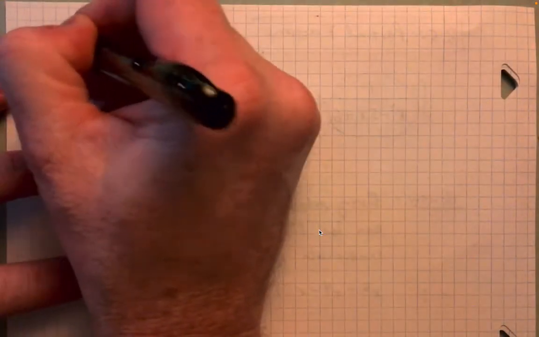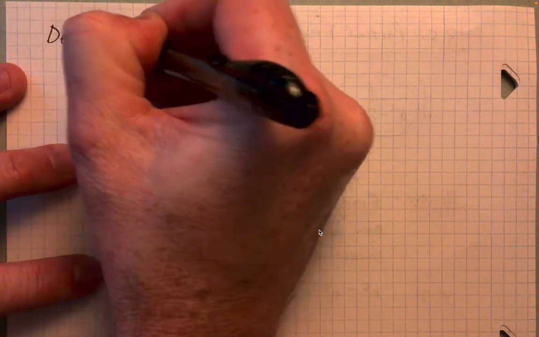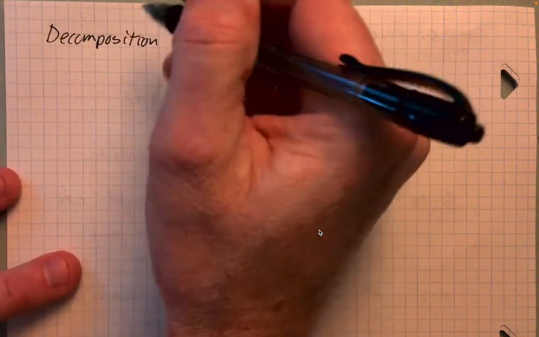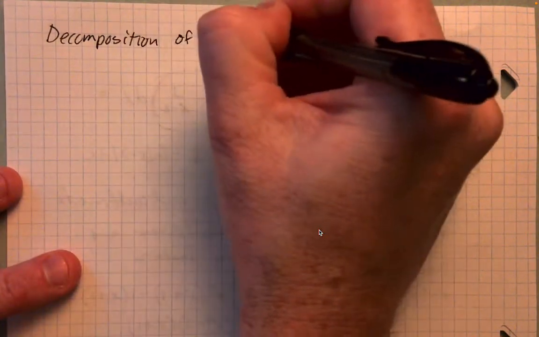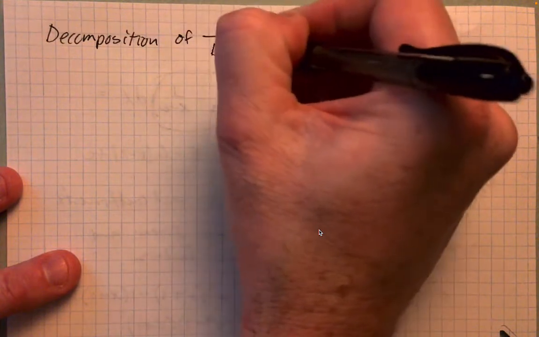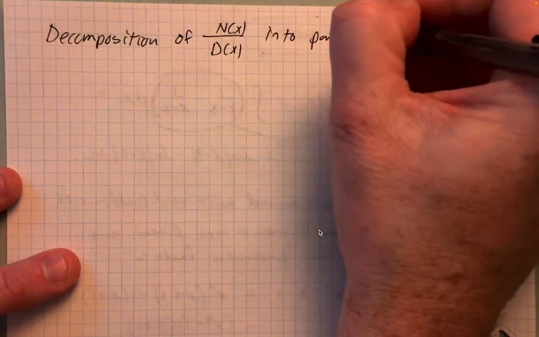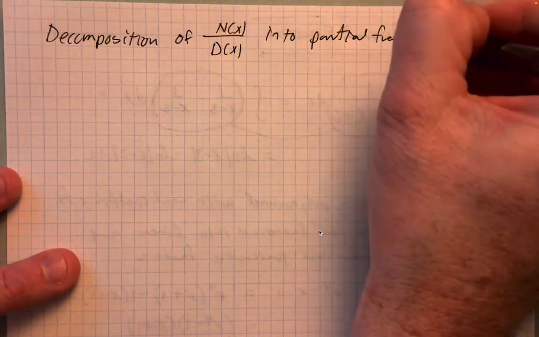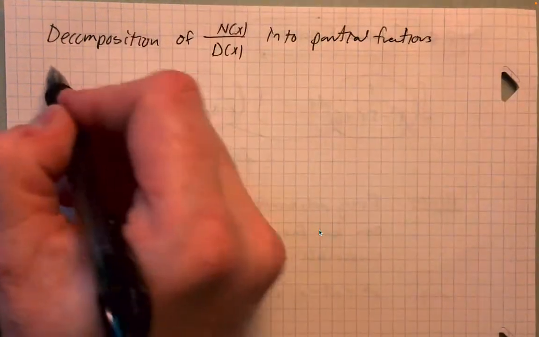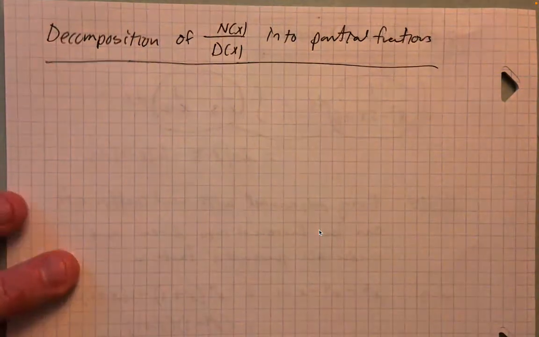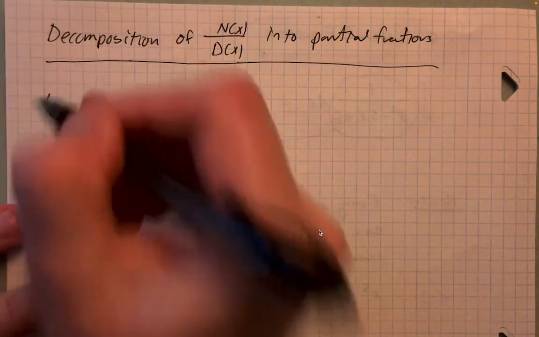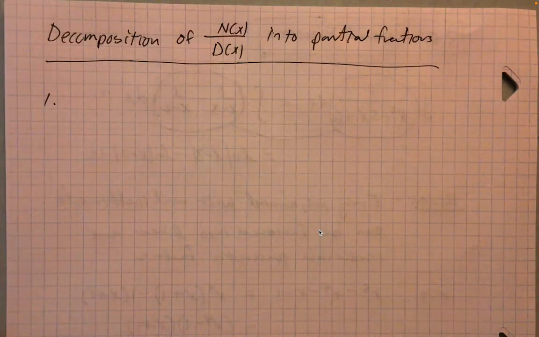Okay, so here's what we want to do. For the decomposition of n of x over d of x into partial fractions, this is how to proceed.